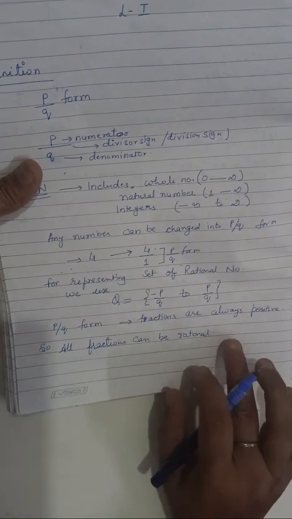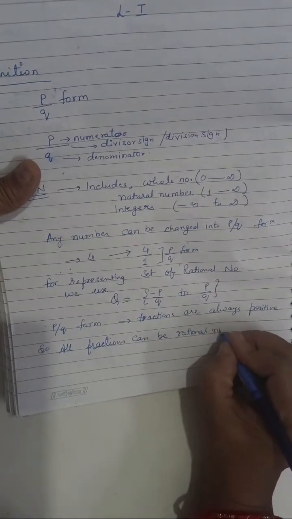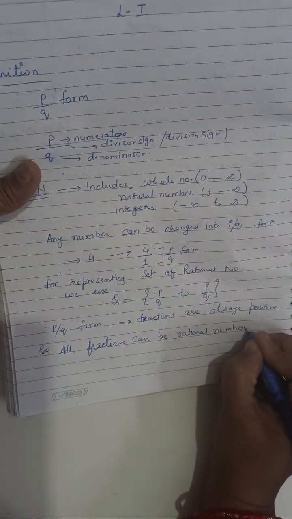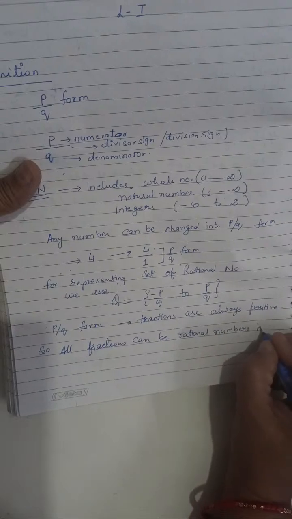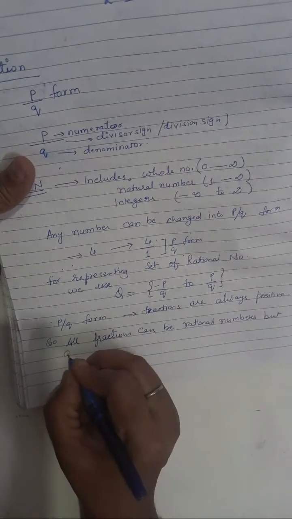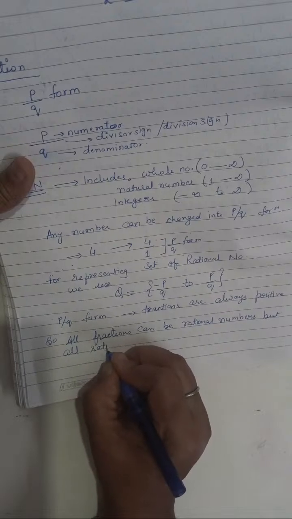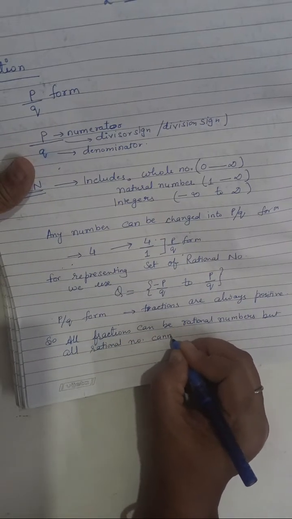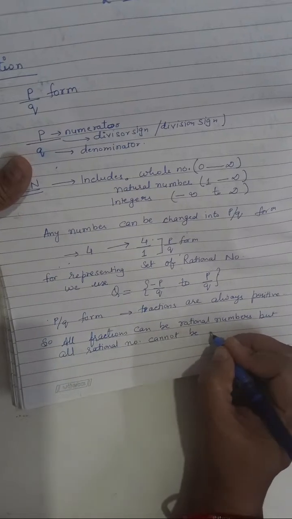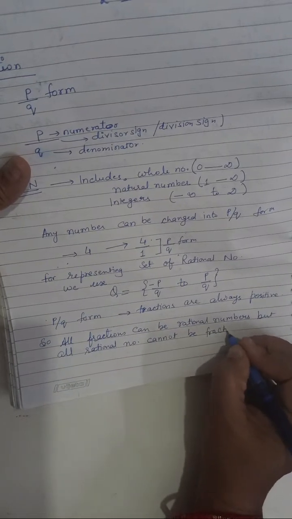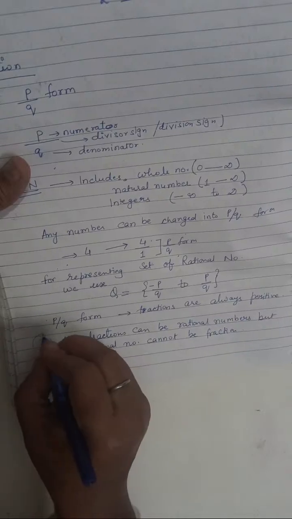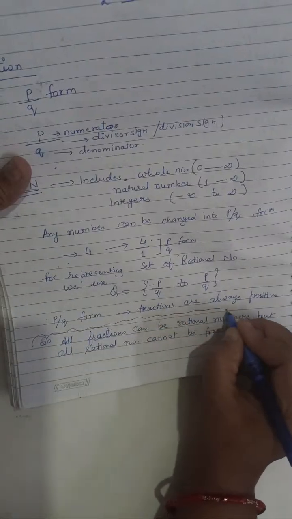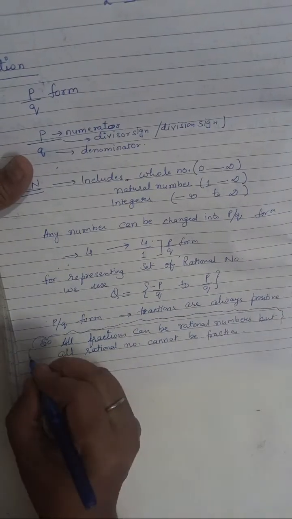All fractions can be rational numbers, but all rational numbers cannot be fractions. This is the important portion. This is the important part of this definition. Is it clear?